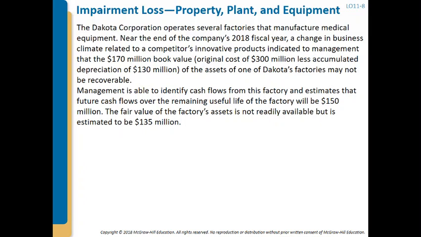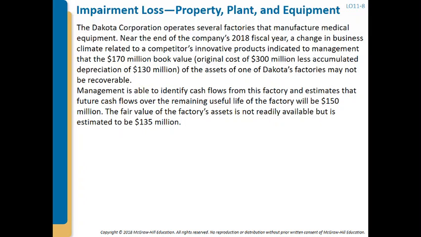Management is able to identify cash flows from this factory and estimates future cash flows of the remaining useful life of the factory will be $150 million. The fair value of the assets is not readily available, but is estimated to be $135 million.